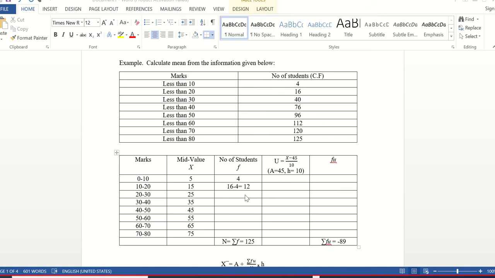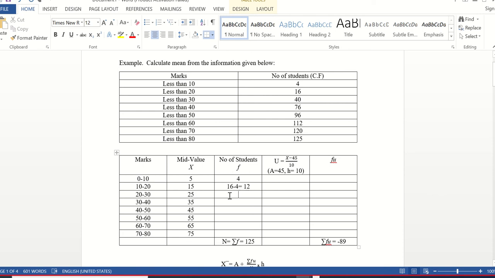Now, similarly, I have to calculate the number of students who secured marks between 20 to 30. So here we have 40, which is the number of students who secured marks less than 30, right? But I have to remove the students who secured marks 10 to 20 from 20 to 30.